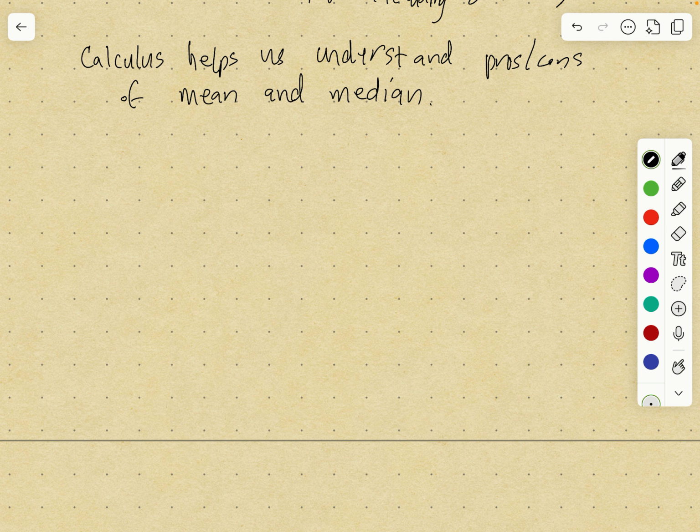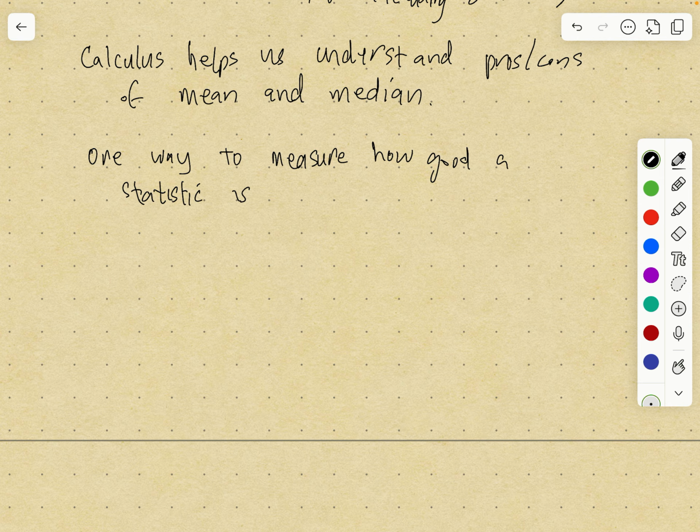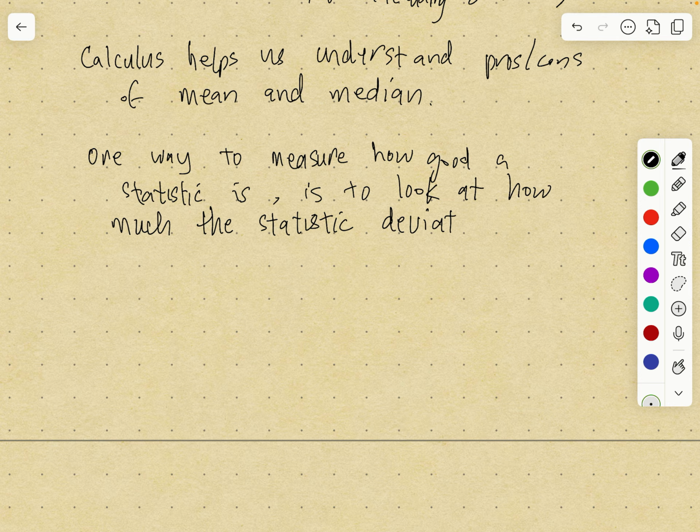So one way to measure the efficacy, how good a statistic is, in this case the mean or median, is to look at how much the statistic deviates from the data.